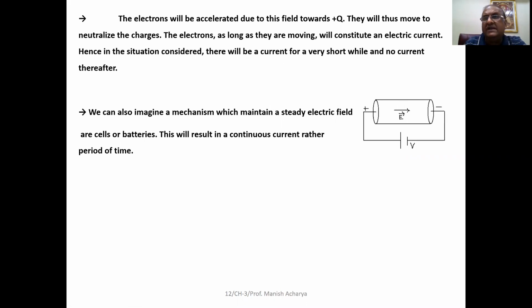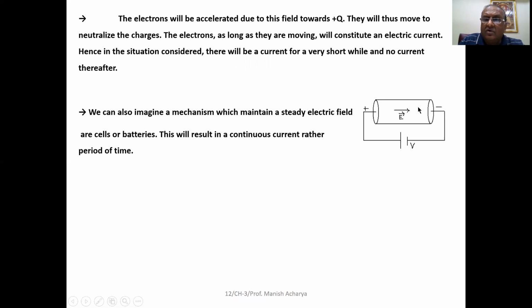And for that, instead of attaching the charged disks, connect a battery or cell across the two ends of the conductor. Okay, so now a steady electric field will be produced in this conductor.